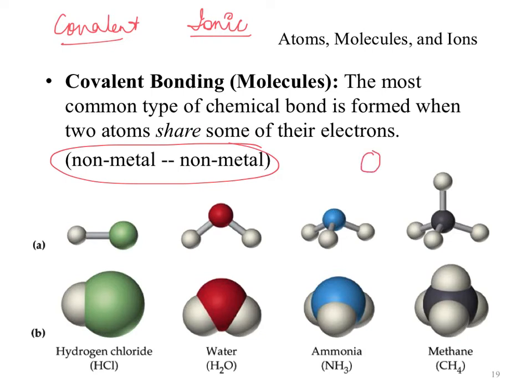oxygen and hydrogen. Oxygen has 6 electrons of its own, and if it somehow gets 2 electrons more, which it can if hydrogen is willing to give its electrons, now oxygen is going to start having 8 electrons, so that will be pretty happy. Hydrogen, on the other hand, has only 1 electron.